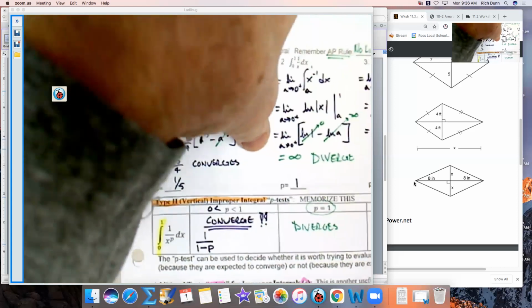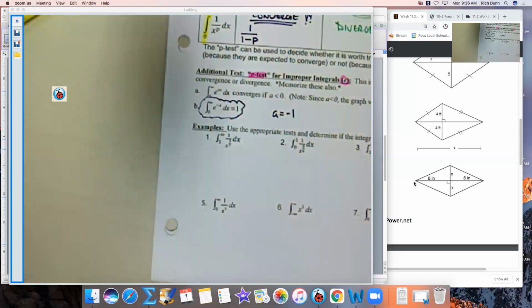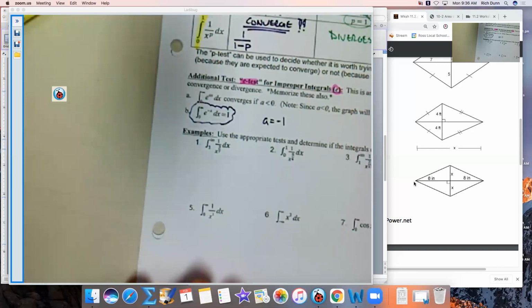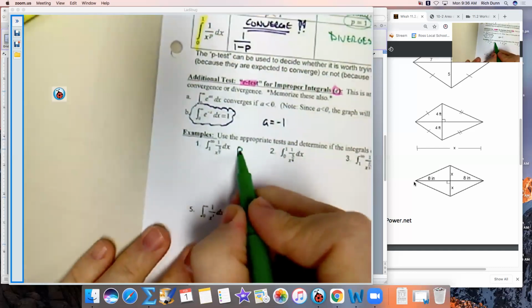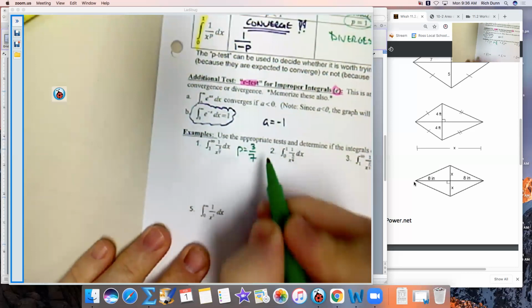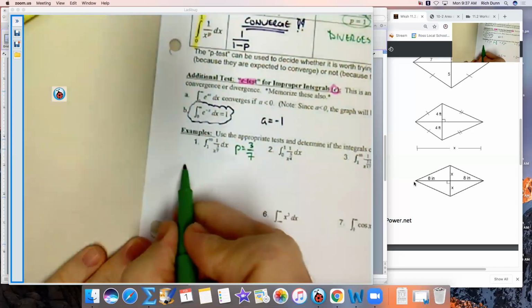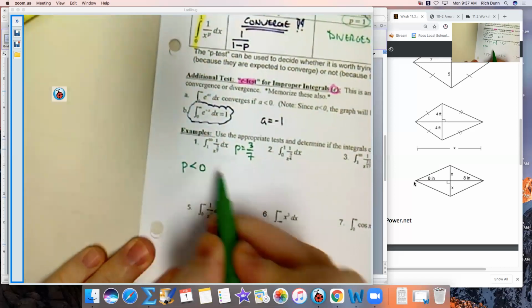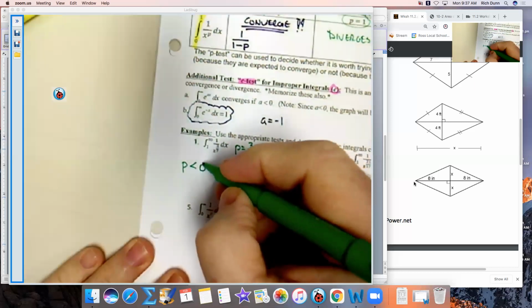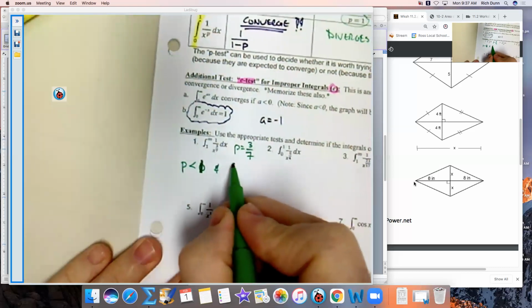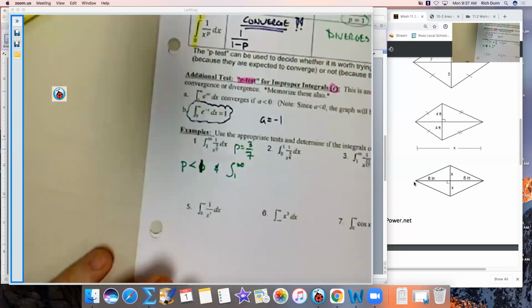Let's go through a couple quick examples here. Hopefully this will make this permanent for you. First of all, let's take a look at this, and you can see we need to apply our p-test. Our p in this case is 3/7. We want to know if this converges or diverges. Well, first of all, you can see that our p is less than 1. And we're integrating from 1 to infinity.